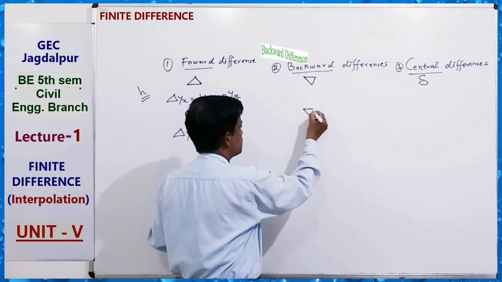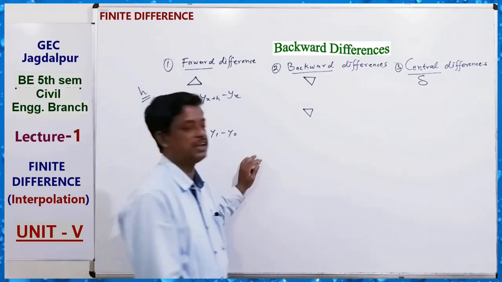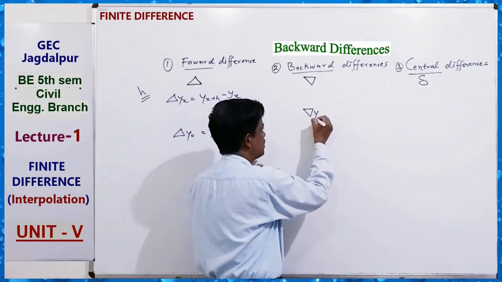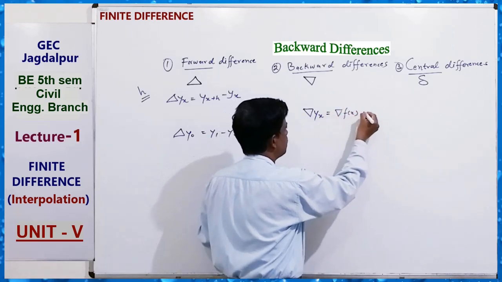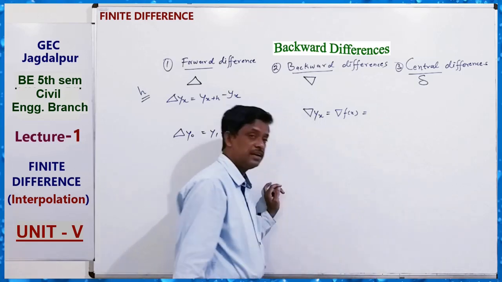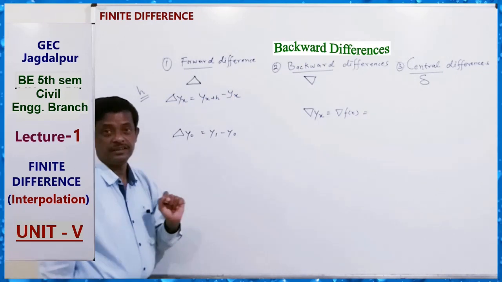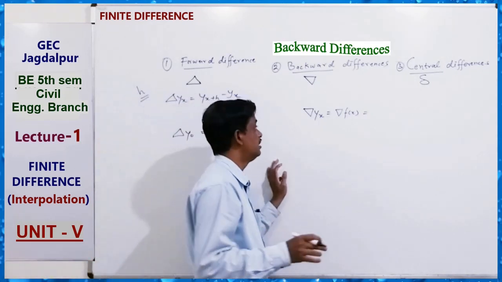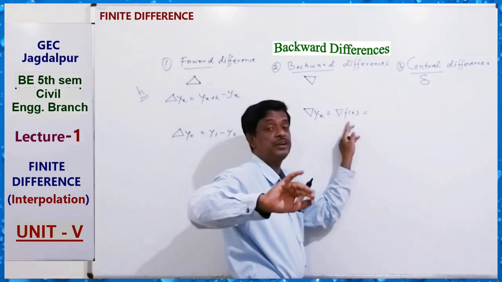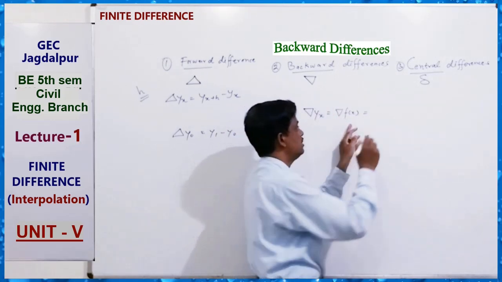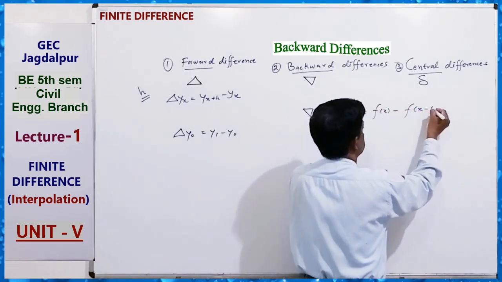Here backward differences are defined like this: ∇y(x). It is a similar pattern, but here y(x) is subtracted from its higher argument value in the forward case. In the backward case, from f(x) is subtracted its lower argument value of the function, that is, from f(x) subtracted f(x minus h).